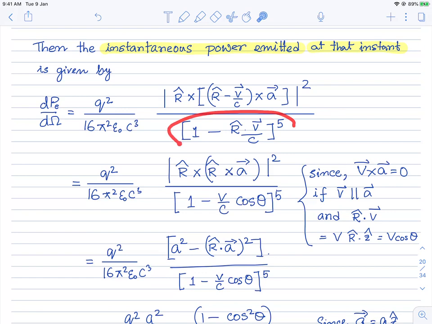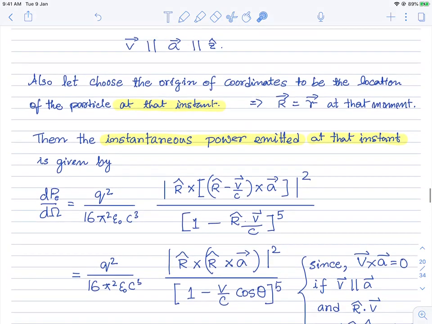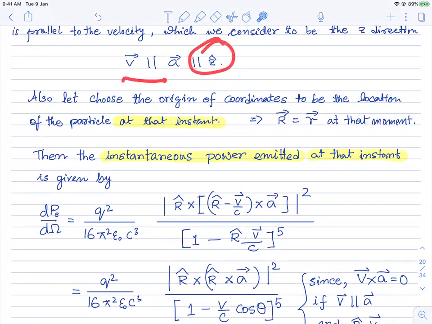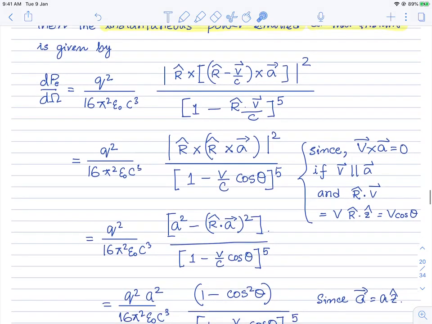Here I have written the kappa factor out explicitly. Velocity is parallel to acceleration, and we choose the direction of the z-axis along that direction. So now v cross a is going to vanish because velocity is parallel to acceleration, and the numerator reduces to this.